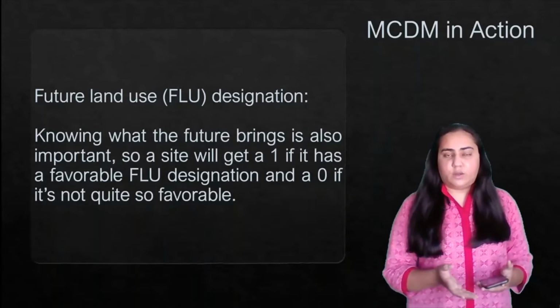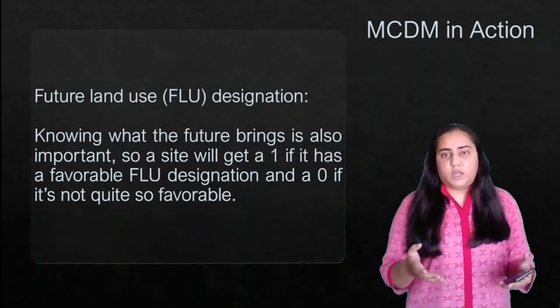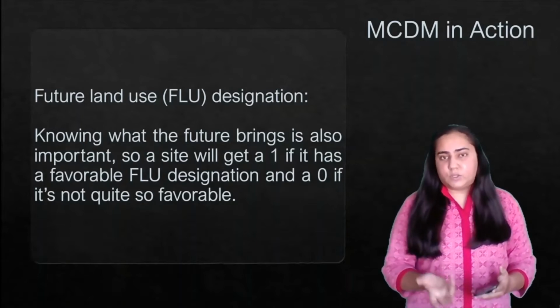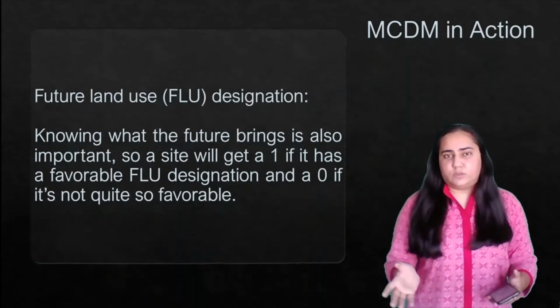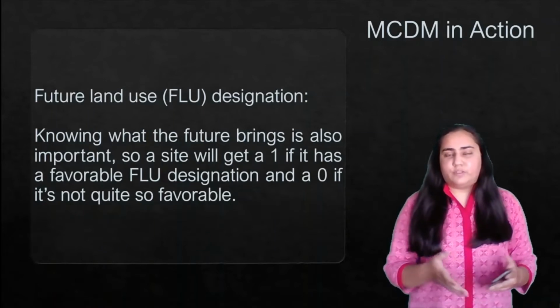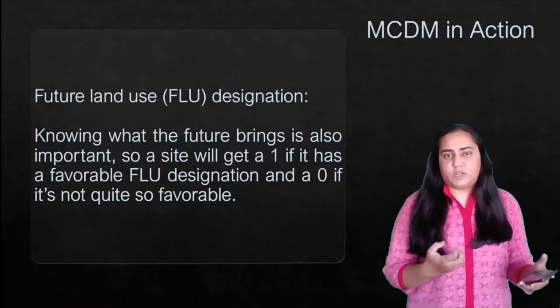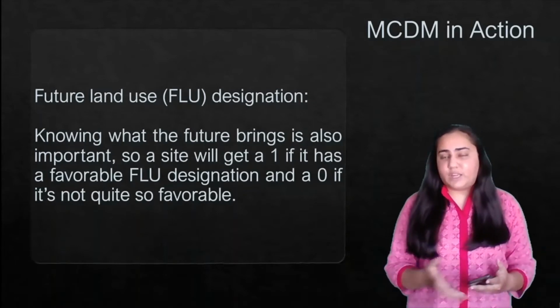Sometimes if you're working for a company, say a factory that requires a place to start, you need to make sure that in future there won't be any residential facilities nearby, because if there are any harmful emissions, you don't want people living nearby to be affected.